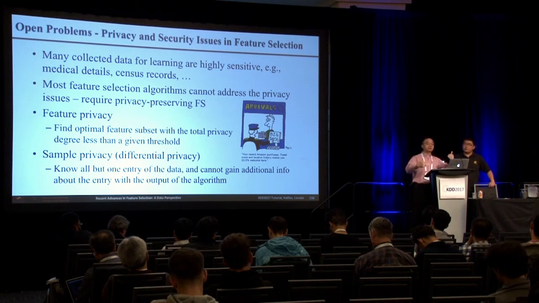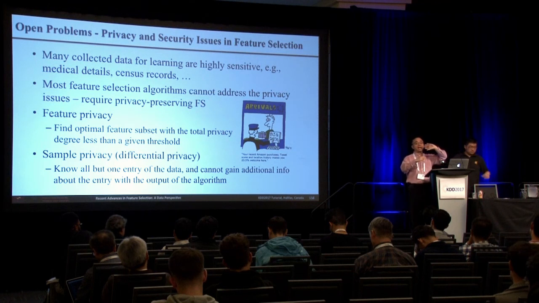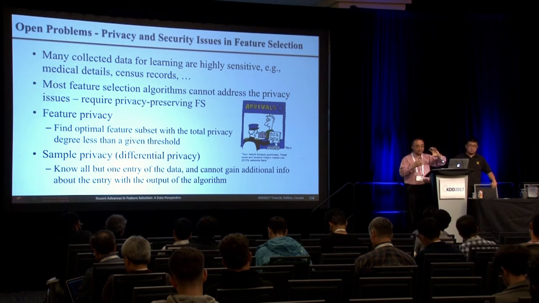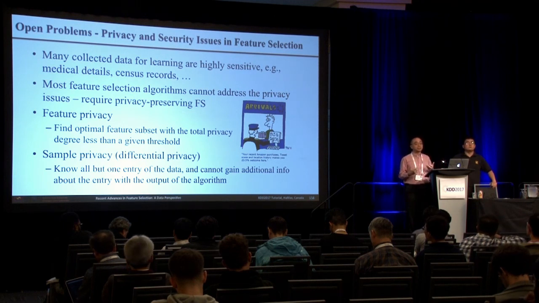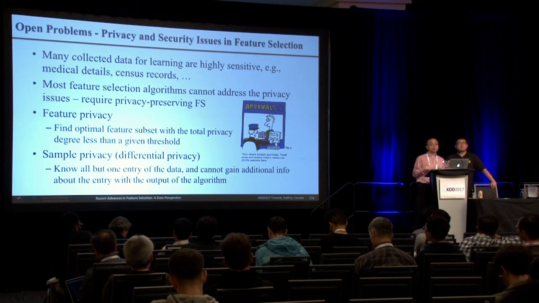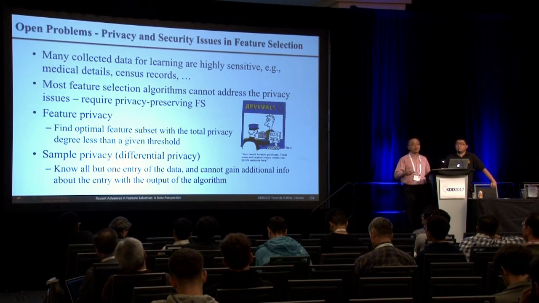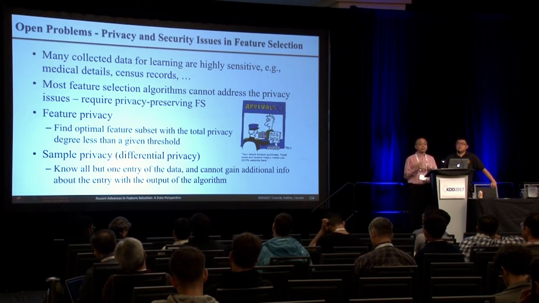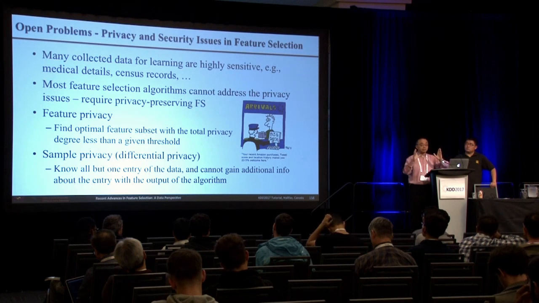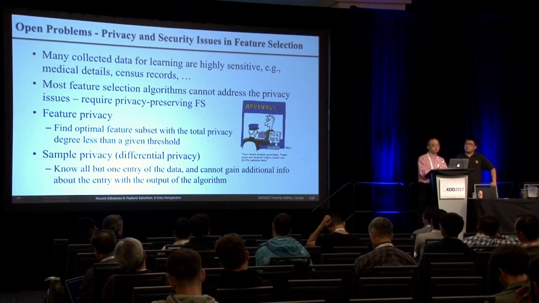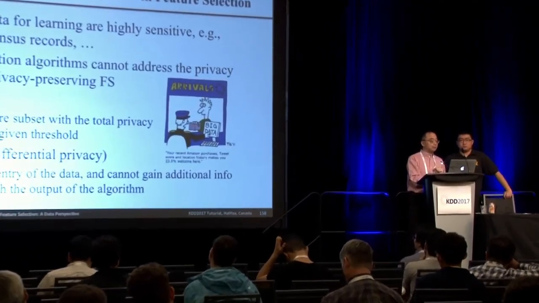So this is another issue about how you can hide or do something about the instances so that you won't accidentally reveal sensitive information. There's something called the differential privacy concept you can try, to maintain privacy for features, and for instances you also maintain privacy.